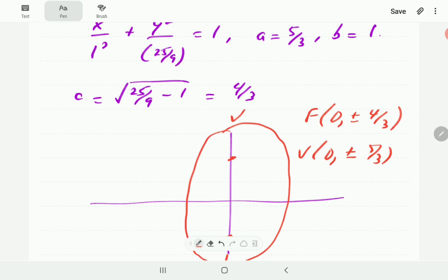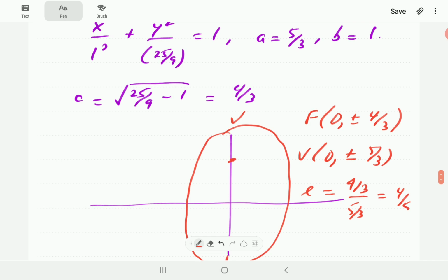The eccentricity is c over a, so it's 4/3 over 5/3. It's going to be 4 over 5. And we already have the sketch.